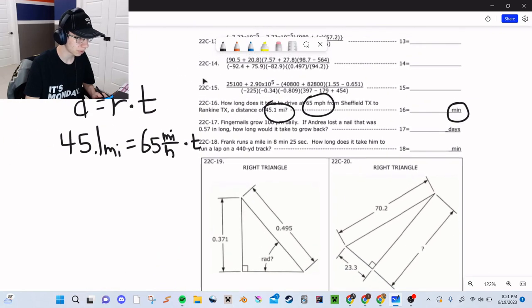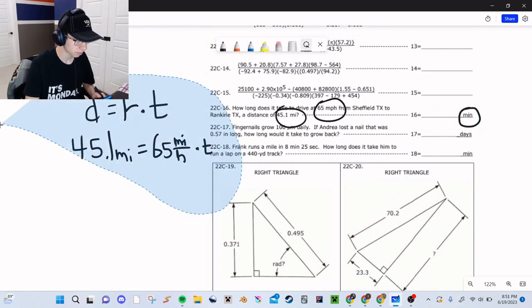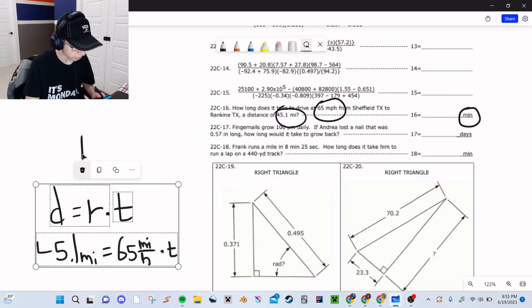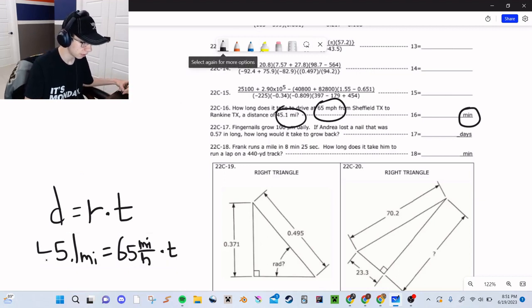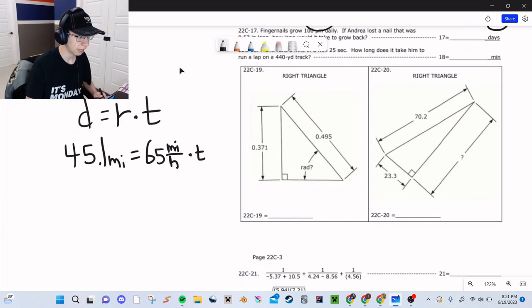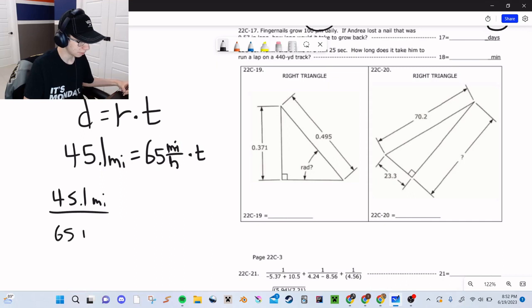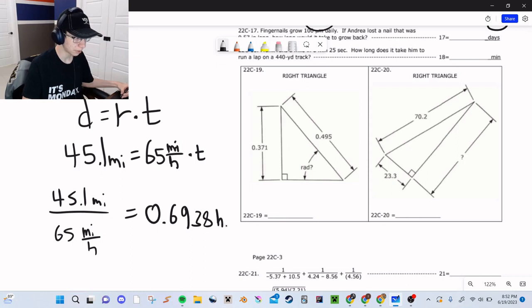So, like this, right? This is what I had written down, right? And so we can solve for time. Just do 45.1 miles divided by 65 miles per hour, which gets us 0.6938 hours.